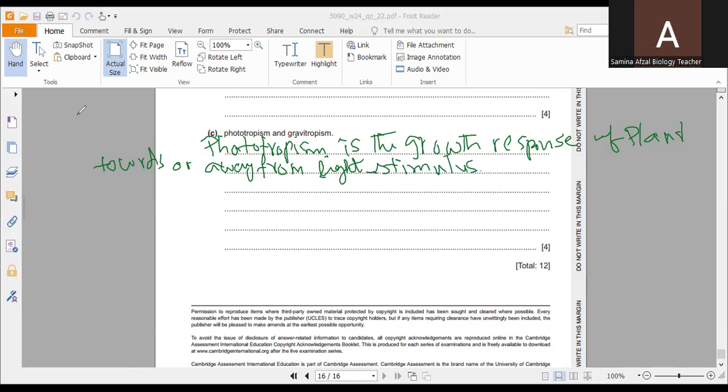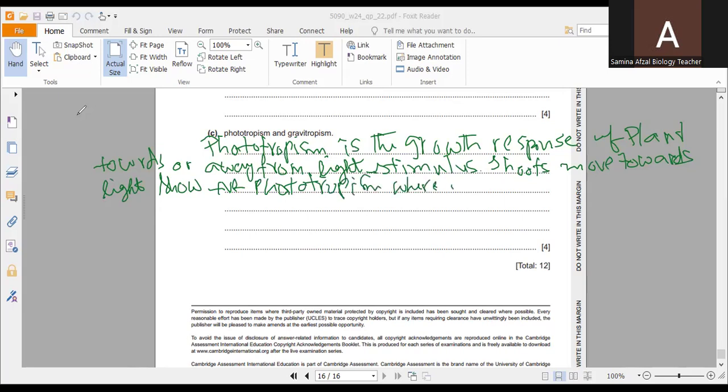So, you know, the shoots move towards light, showing positive phototropism, whereas roots move away from light, showing negative phototropism.